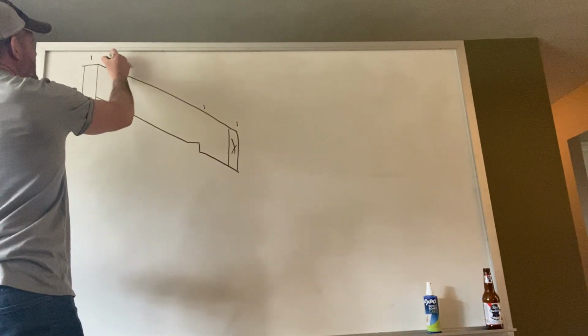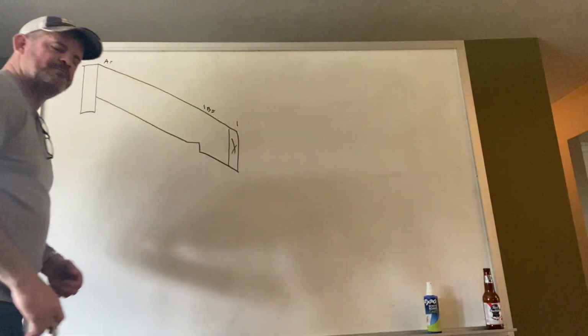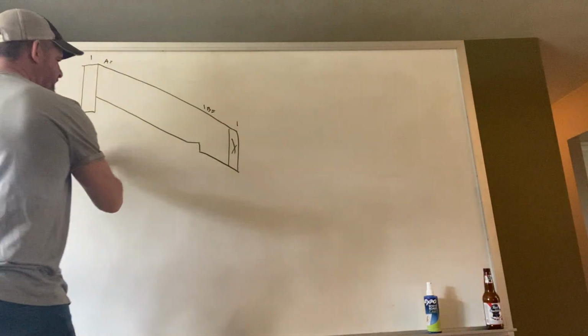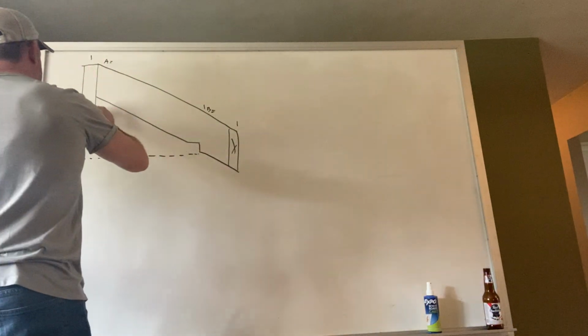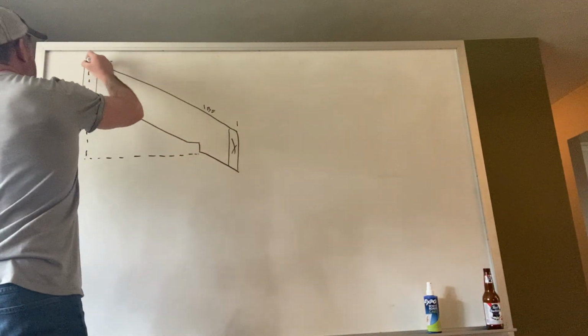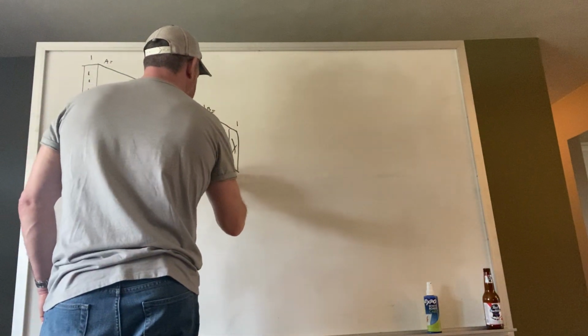That is my A dimension and that is my B dimension. I've got a triangle here, and I've got a triangle here.